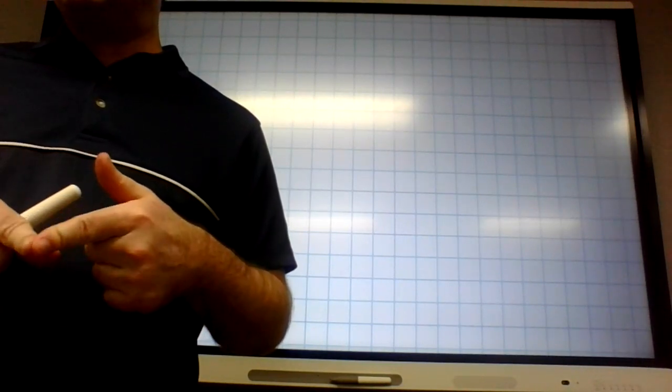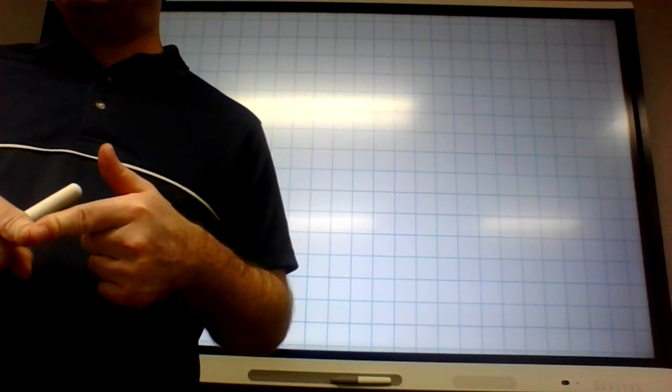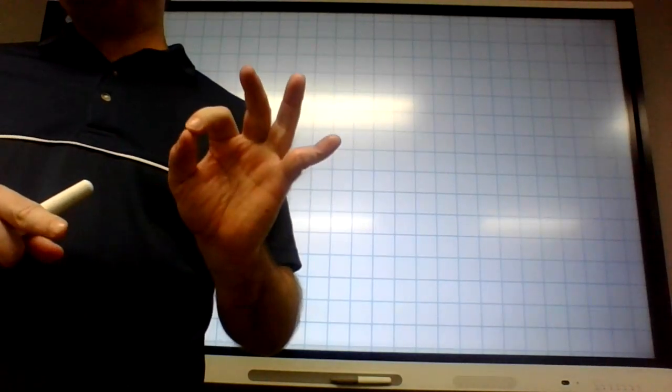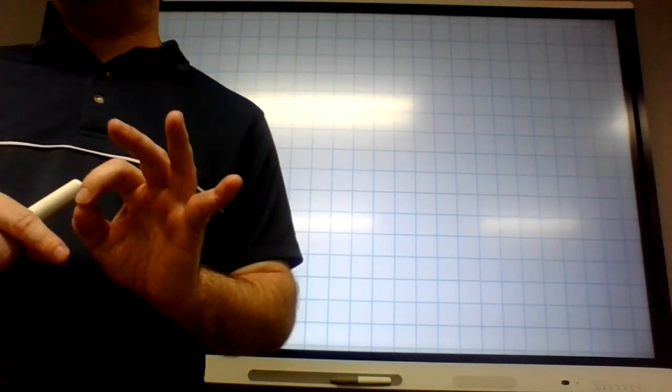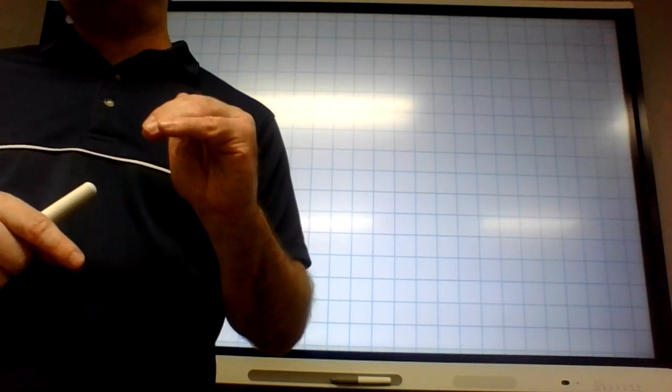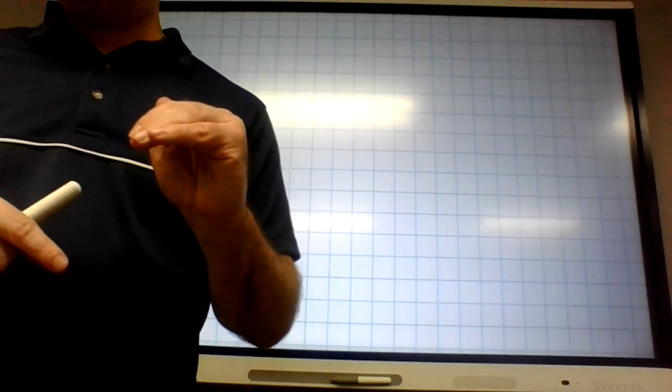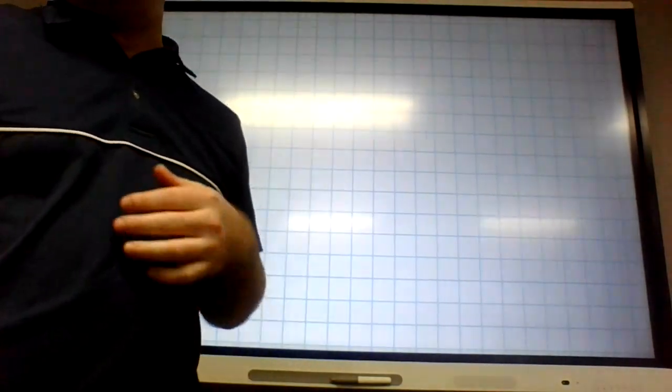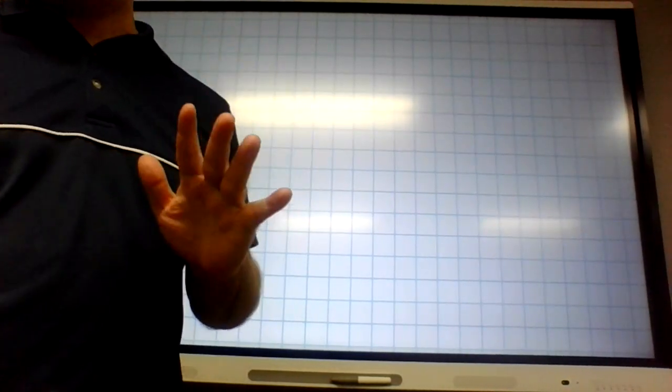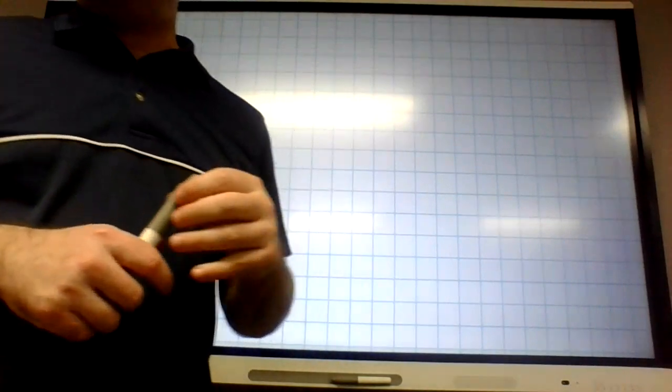A. Now, if you look at B, it also has a period of pi, but B is a graph of cosine. That's the difference, because remember, cosine starts at the top. Also, the amplitude is wrong, but A is a graph of sine because it starts in the middle going up. And the period is pi because it starts repeating itself when it gets to pi. So 7 is A.